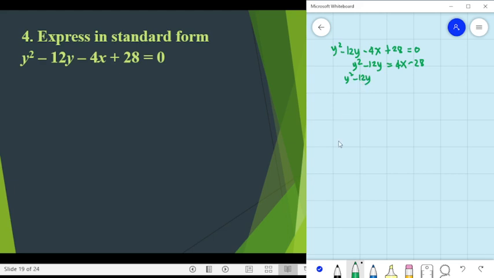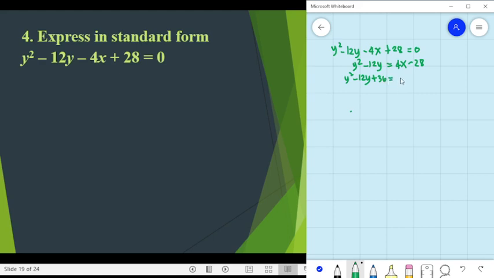And square the negative 6. So negative 6 times negative 6 is positive 36. So in what we did, the negative 12 was divided by 2, it becomes negative 6. Negative 6 will be multiplied by itself. So negative 6 times negative 6 is 36.